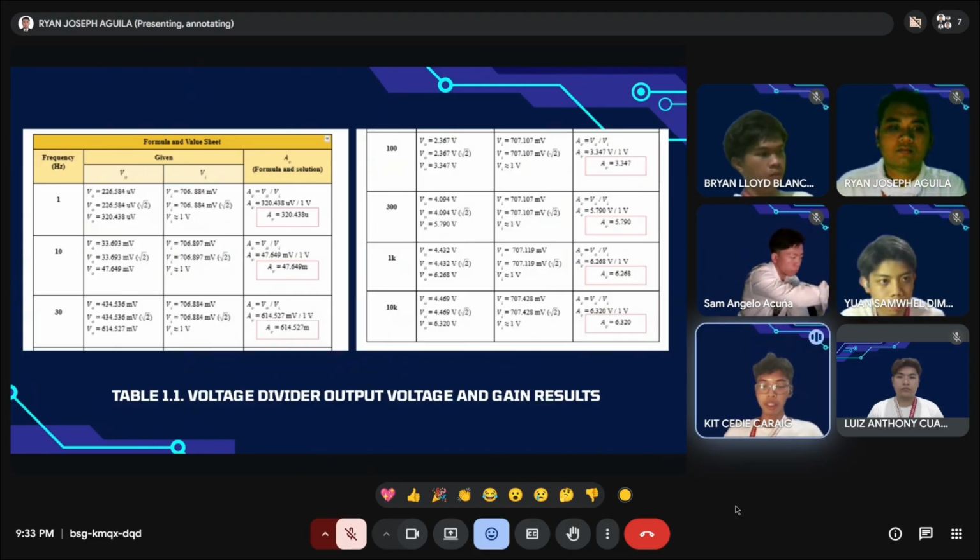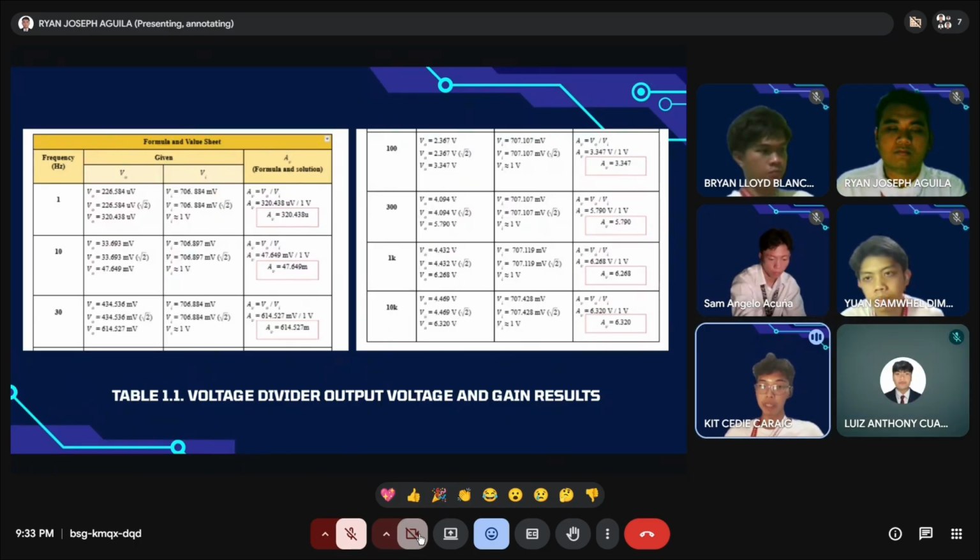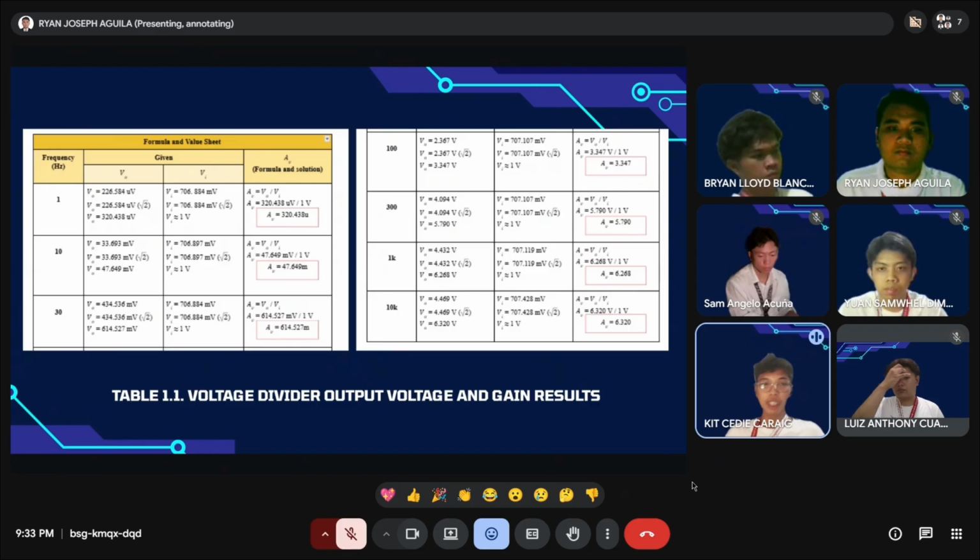So as we saw earlier, for figures 1.5.1 to 1.5.15, here on table 1.1, it summarizes those computations. So this shows that the voltage gain of the transistor amplifier increases as the input frequency rises. At a very low frequency, the gain is extremely small, indicating poor amplification.